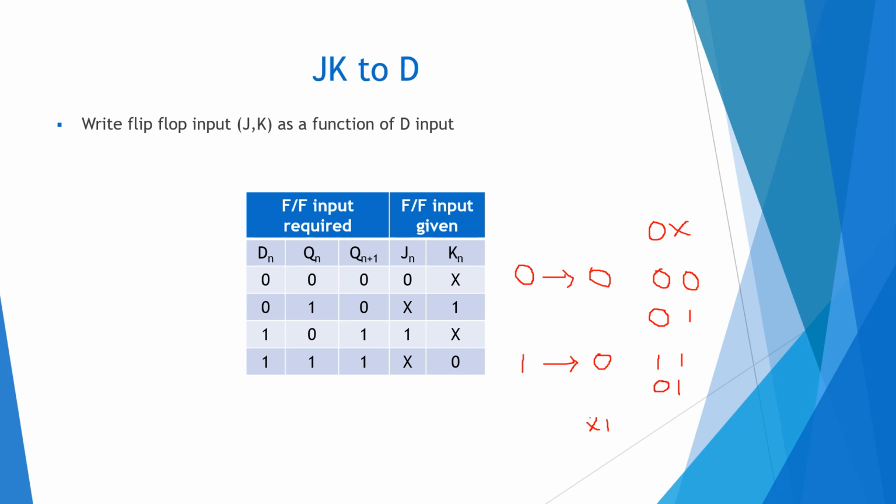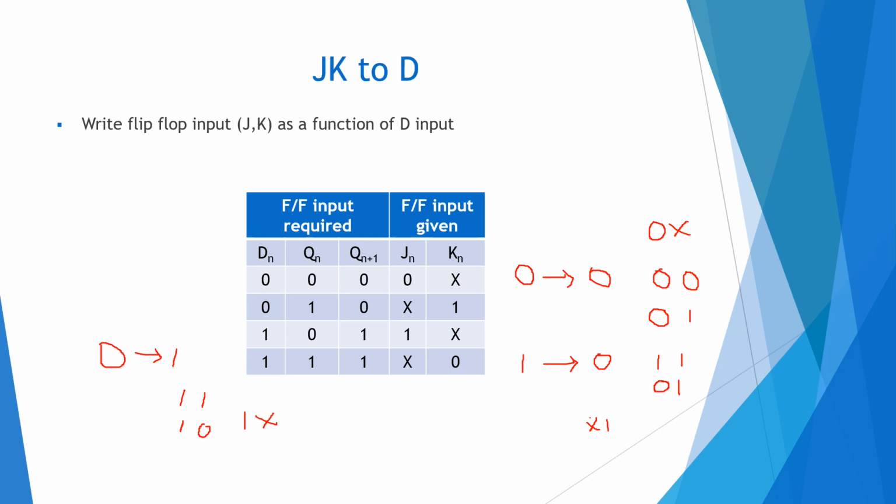Again Qn equal to 0 and Qn+1 equal to 1, that is 0 to 1. The flip-flop input can be 1 1, which is a toggle state, and then it can be a set state, that is 1 0. So we can write this as 1x, that is written here.